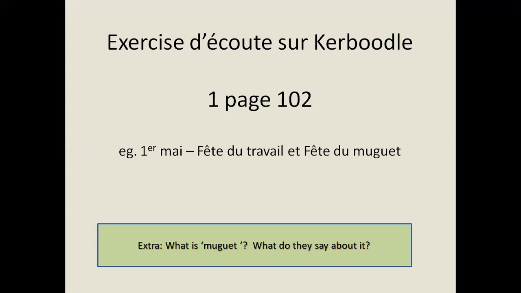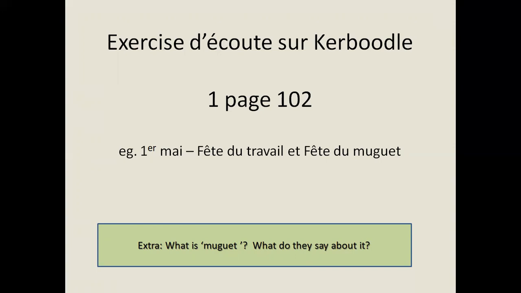Number 2, 8 mai. Est-ce que vous avez trouvé la réponse pour le 8 mai? Le 8 mai, c'est la victoire de la Seconde Guerre mondiale 1939-1945. So 2 matches C. Numéro 3, 11 novembre.